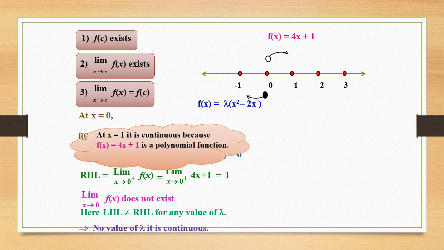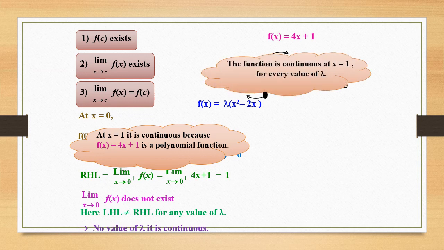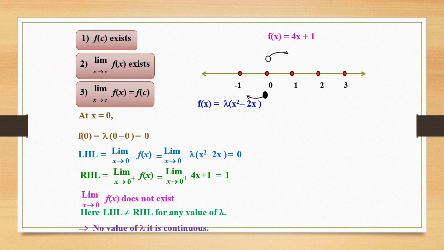Next, at x is equal to 1, the function will be continuous because f of x will be equal to 4x plus 1, which is a polynomial function. Therefore, the function is continuous at x is equal to 1.